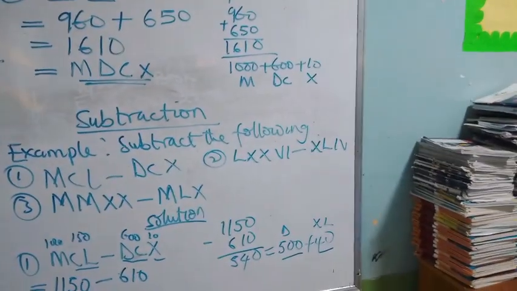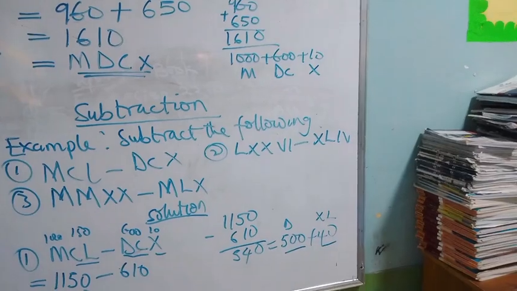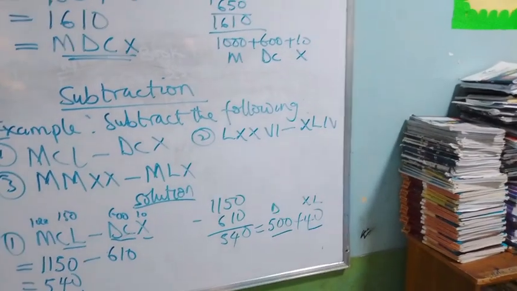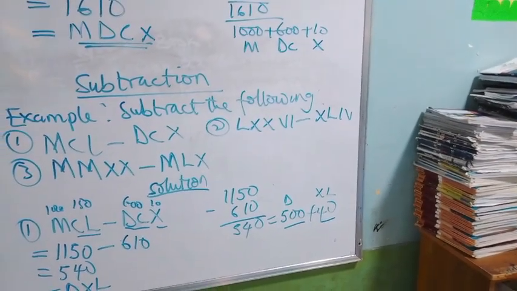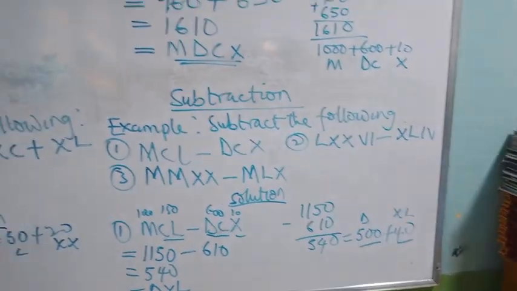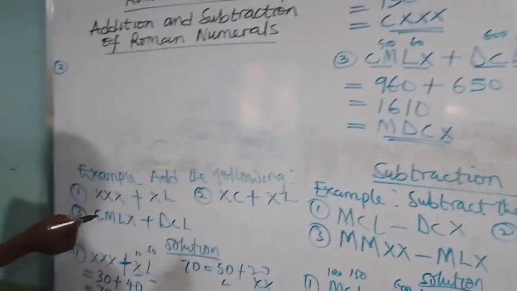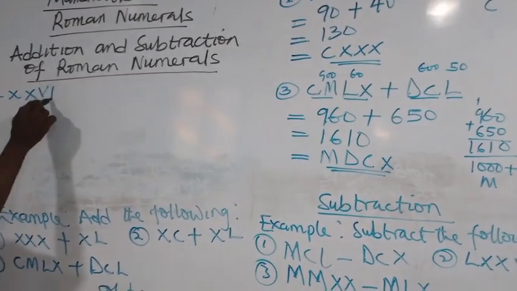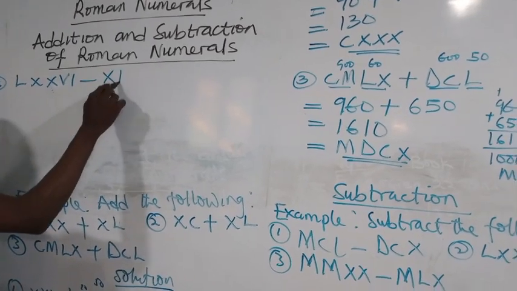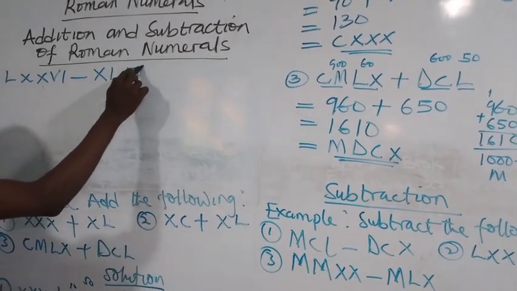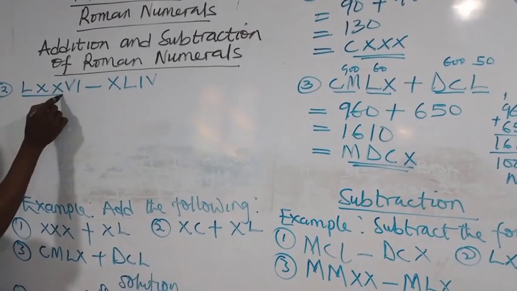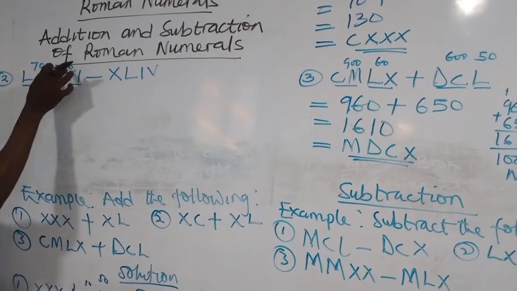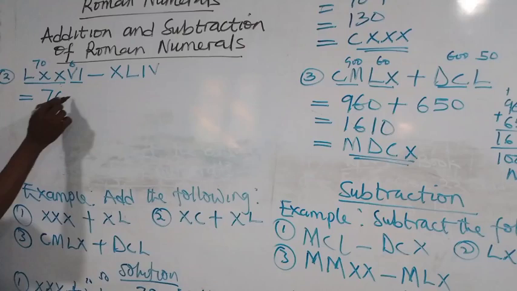Now let's look at the other questions. Question number 2. We have LXXVI minus XLIV. LXX is 70 and VI is 6. So when we join the two together, we have 76.